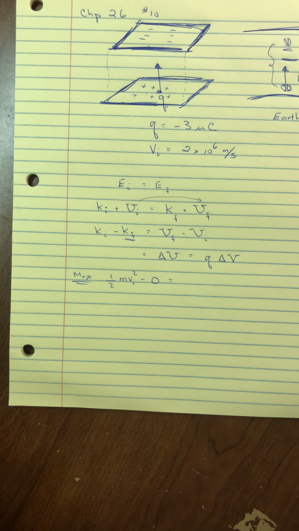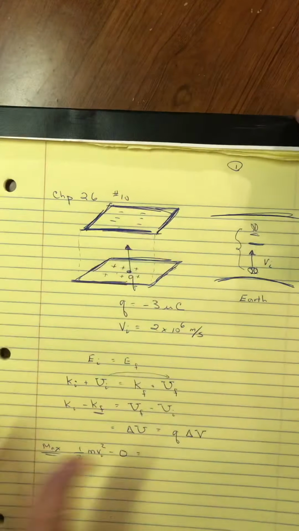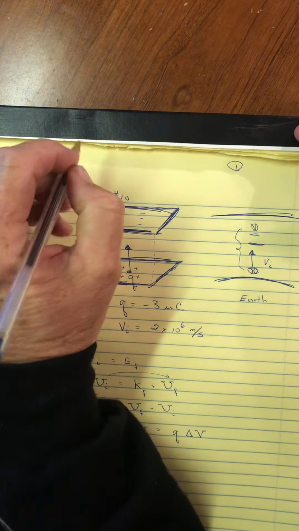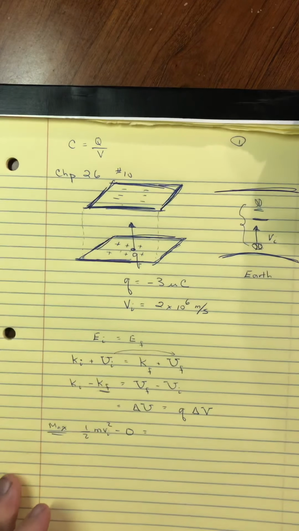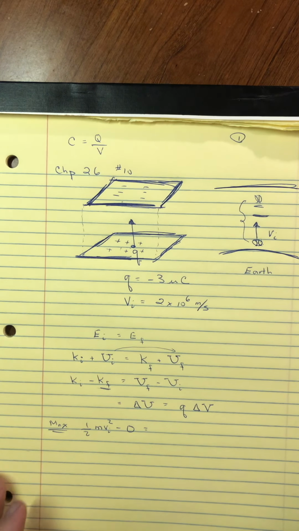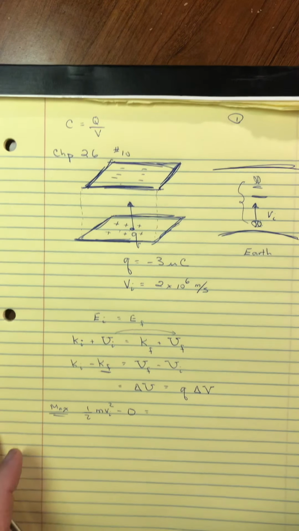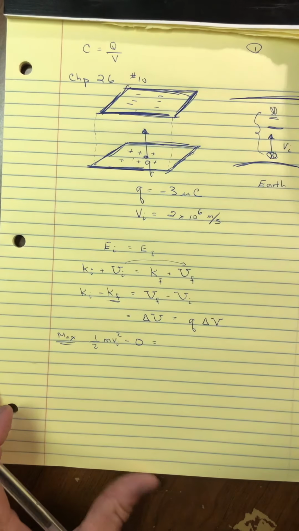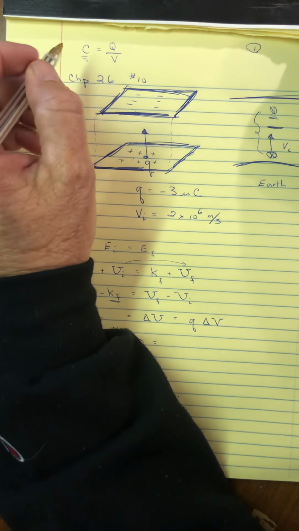Okay. Here's where chapter 26 comes into play. Maybe I'll put it up here at the top. Remember, capacitance is the charge per volt. Okay. Now, if you read this problem, you'll see that they've set it up more for this chapter than last chapter because they give us its capacitance.